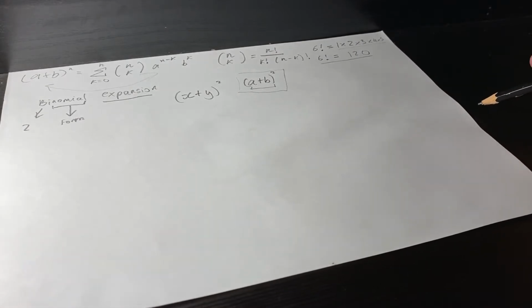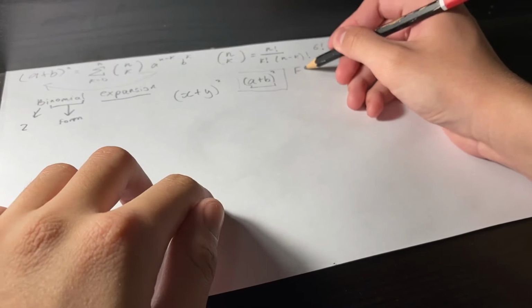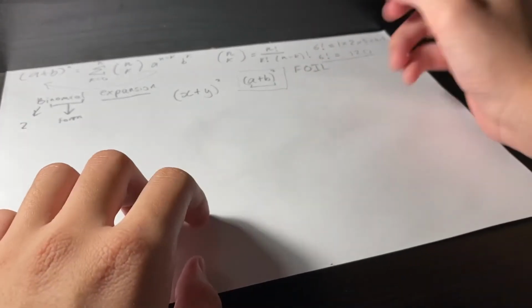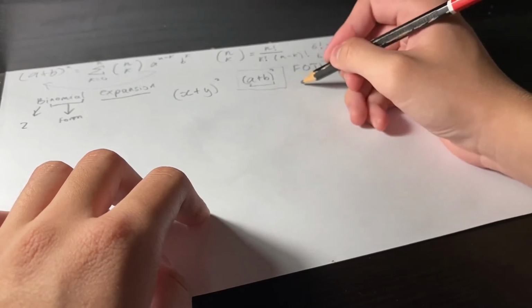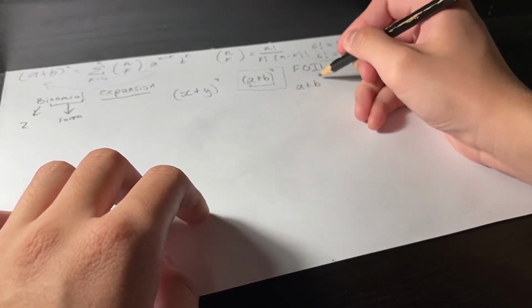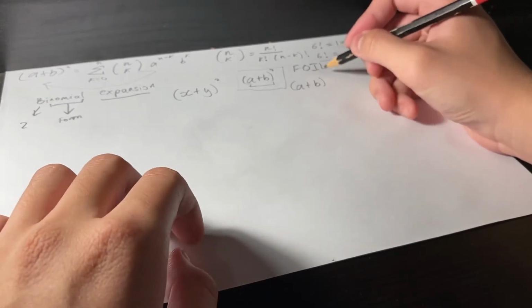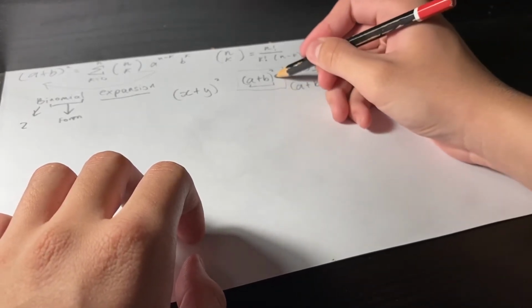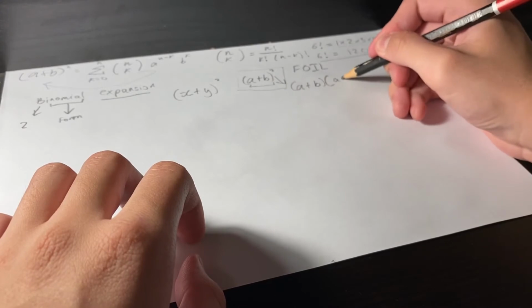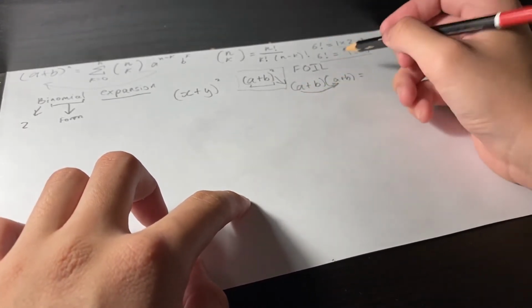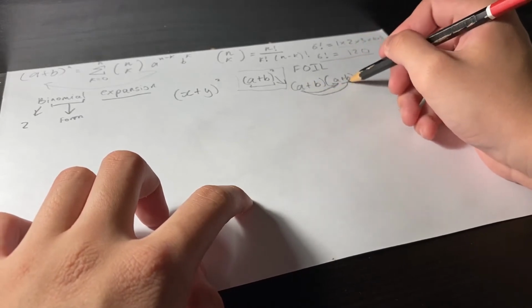Well, first of all, we can use the method FOIL from your math class. And FOIL gives us a very good insight into this. FOIL is very useful. First, you multiply a by a plus b, and then b by a plus b.